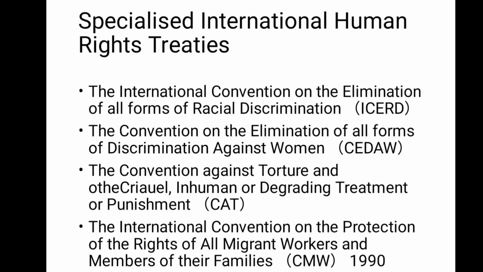Migrant workers and members of their families shall have the right to freedom of thought, conscience, and religion. Migrant workers and members of their families shall have the right to hold opinions without interference. No migrant worker or member of his or her family shall be subjected to arbitrary or unlawful interference with his or her privacy.